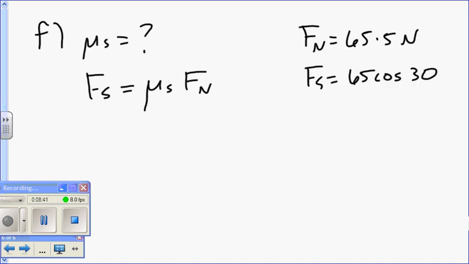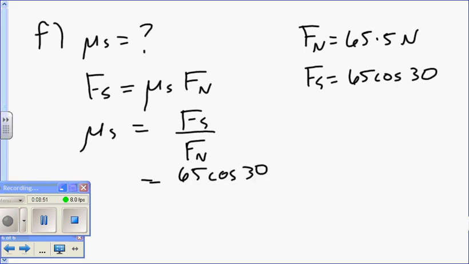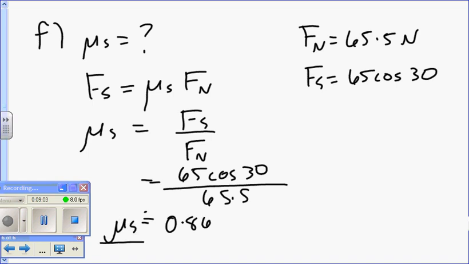So really we just solve for μs, and μs equals Fs over Fn. 65 cos 30 over 65, and it ends up being approximately equal to 0.86. And we know it's a good answer because it's between 0 and 1.